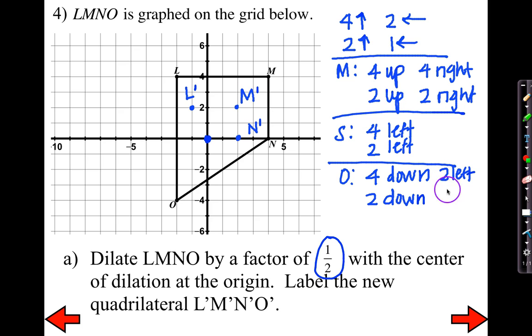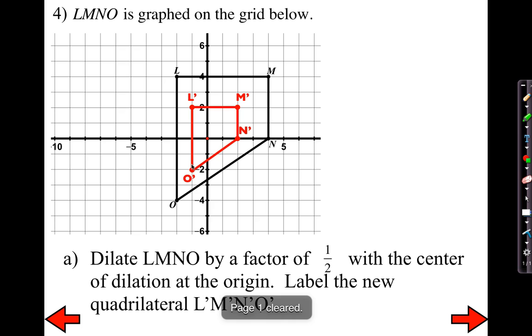And instead of going 2 to the left, you're only going to go 1 to the left because that's half. So from the origin, we're going to go 2 down and then 1 to the left. And we're going to go ahead and call that O prime. And there you have your new image. So notice we went ahead and called it L prime, M prime, N prime, O prime.